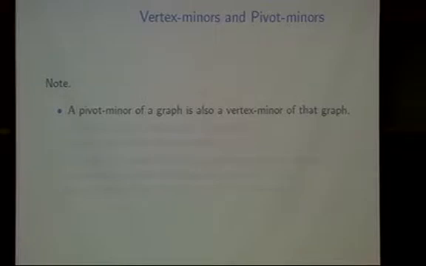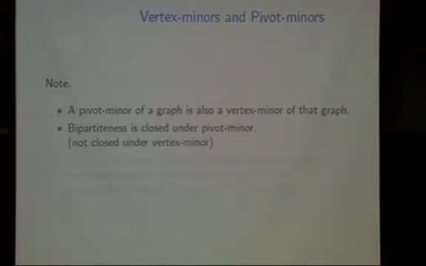I note some important things. The first thing is that a pivot-minor of a graph is also a vertex-minor of the graph, since pivoting on an edge is defined in terms of local complementation. So this is obvious. And also, bipartiteness is closed under pivot-minors, since you see in the definition of pivoting on an edge, there are three sets A, B and C. But if a graph is bipartite, then the middle set does not appear.